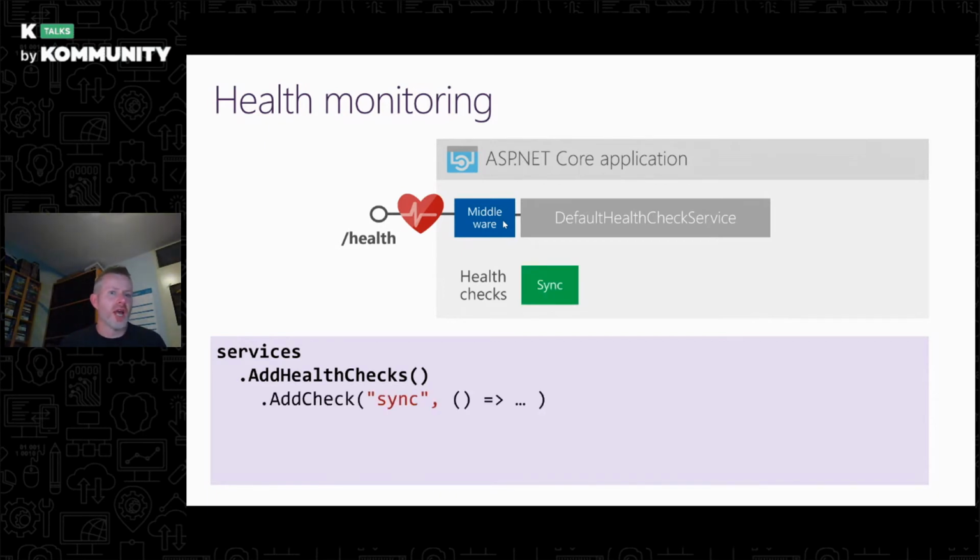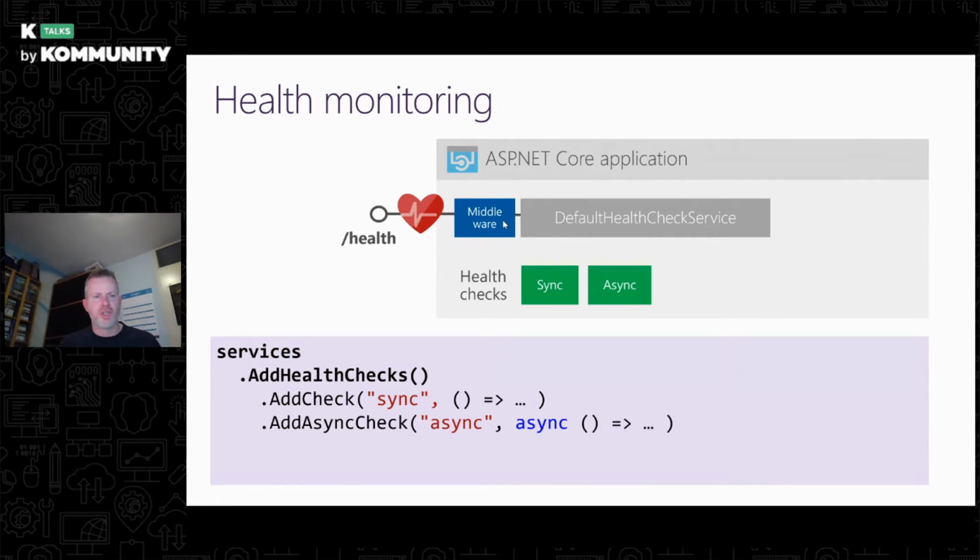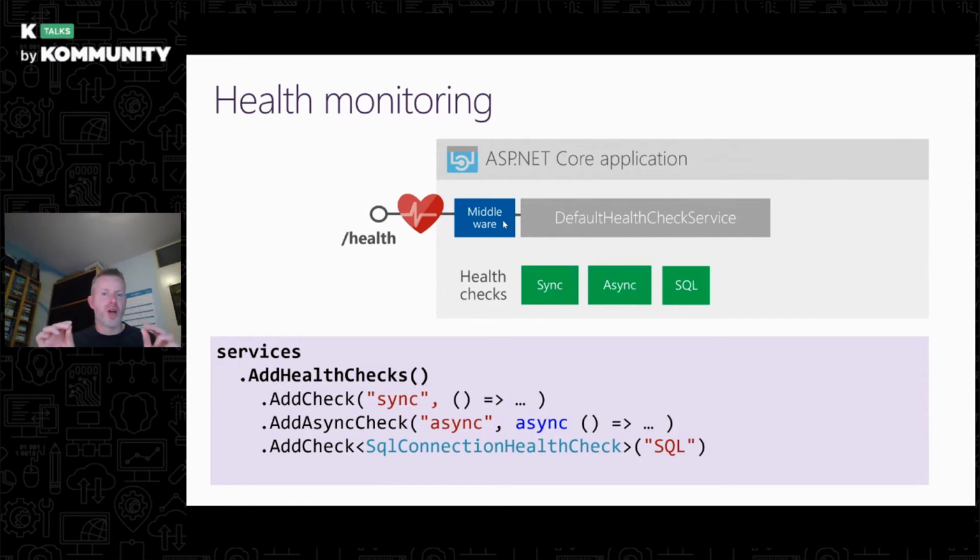where you actually start checking what determines your health. There's a couple of ways of defining a health check. There's local ones with simple things that you can do, synchronous and asynchronous lambda expressions. Mostly you will do an implementation of a health check interface for a particular type of check. And in this case, there's a check to a SQL Server database. Is it reachable? Can we make a connection to the database?